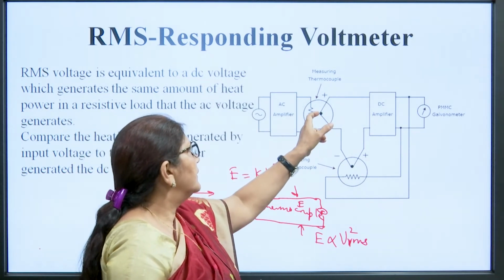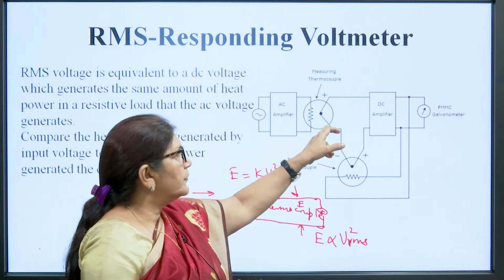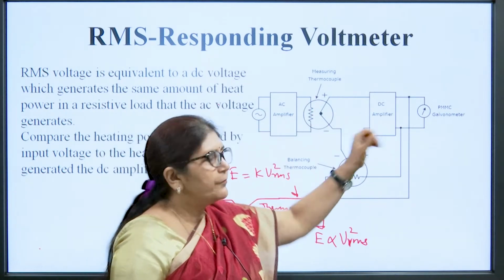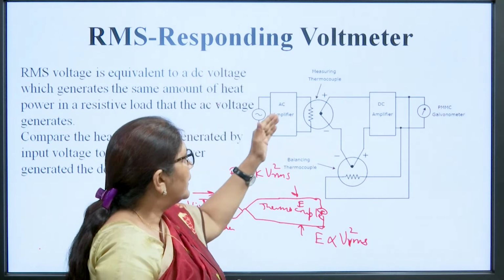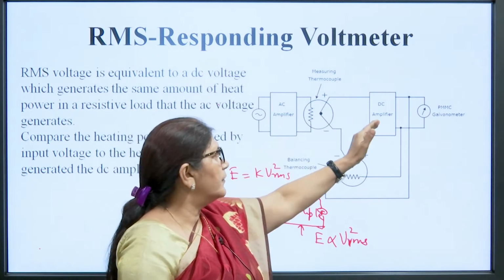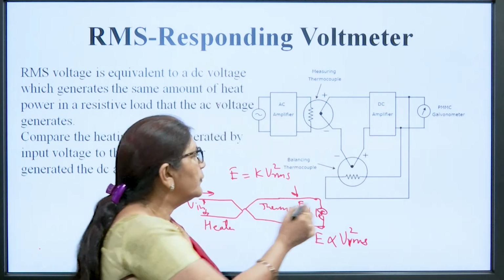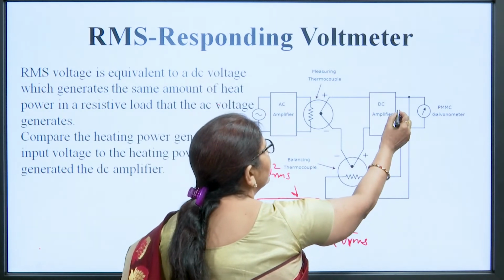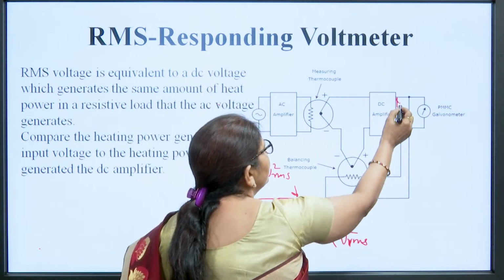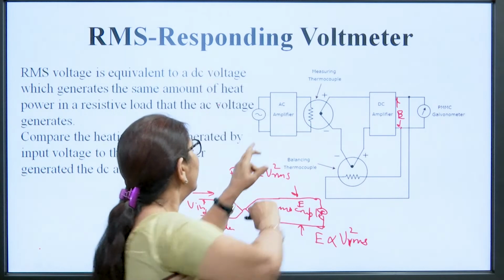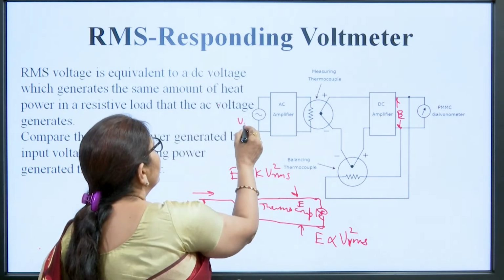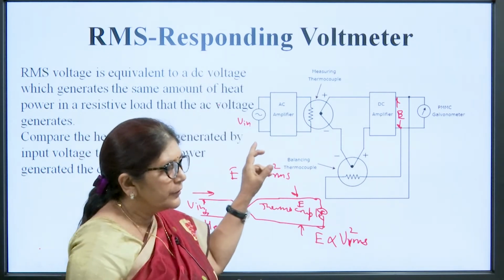Then there is a heater circuit and the thermocouple is placed over here, then that signal is amplified by the DC amplifier because it is converted into a DC signal, and now the DC amplifier is producing the voltage E here, and that E voltage is equivalent to the RMS value of the input voltage.